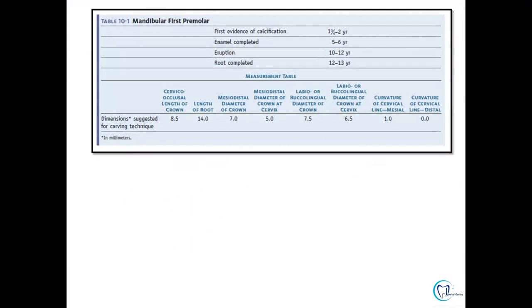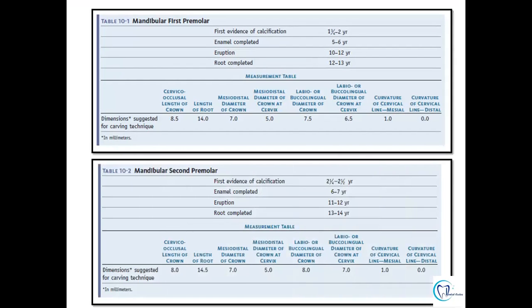When we talk about the chronology and the dimensions, we have to learn them in comparison to the other premolars, that is the maxillary premolars and the mandibular second premolar. When we compare the dimensions, more or less they are the same, but the major difference is in the buccolingual dimension, that they are wider in cases of second premolars.